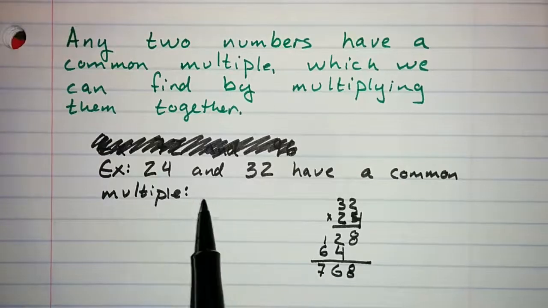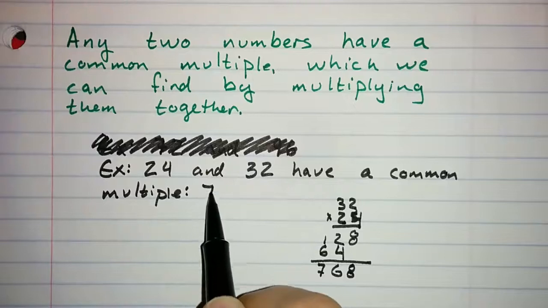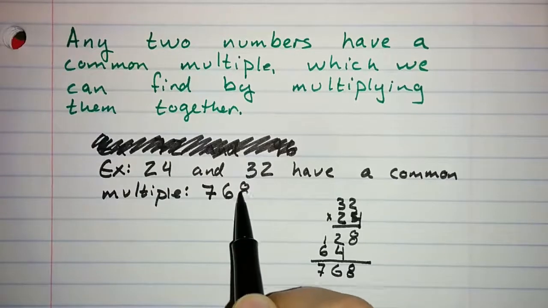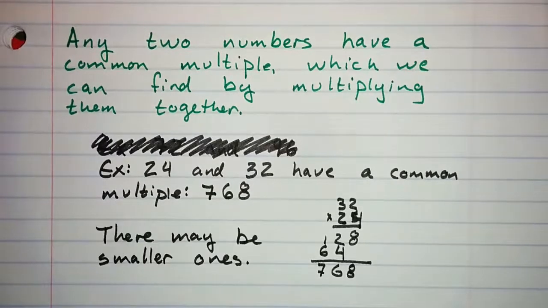So 24 and 32 have a common multiple, 768.